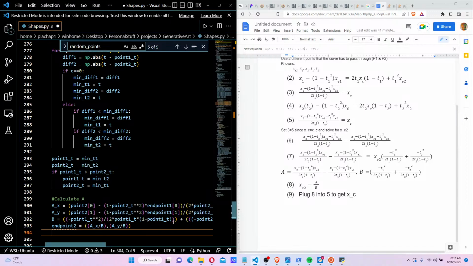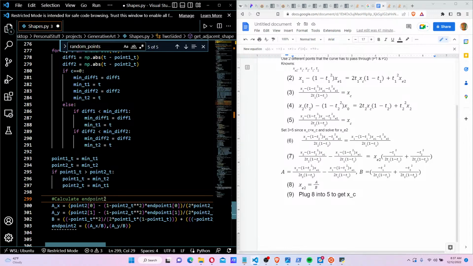Okay, nice. Now what do I have to do? This is actually just calculate endpoint 2. So I have the second endpoint. Now I want to get the control point, which is right here.